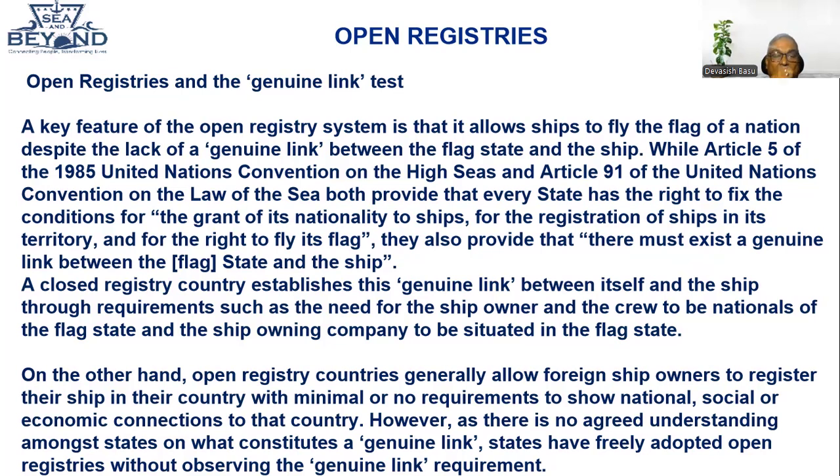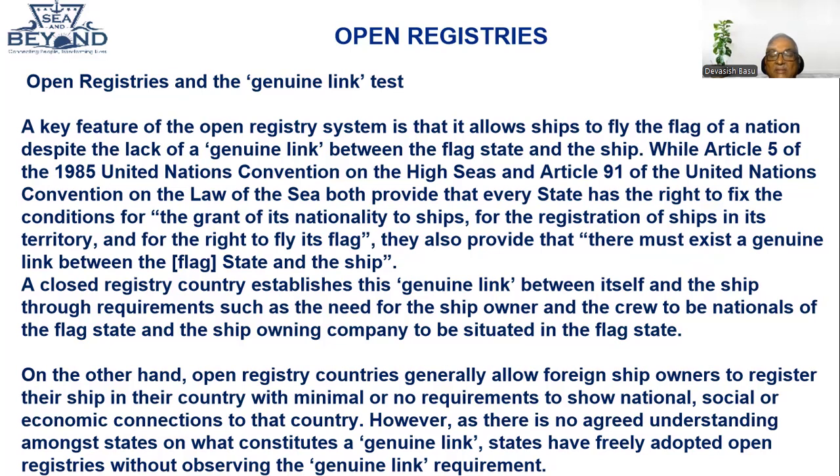On the other hand, open registry countries generally allow foreign ship owners to register their ship in the country with minimal or no requirement to show national, social, or economic connection to that country. So he has to just come and register his vessel in that flag of convenience.